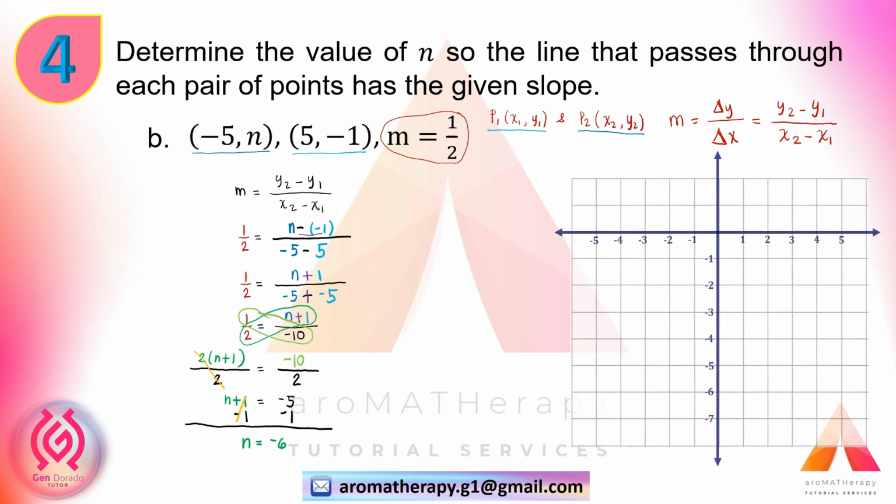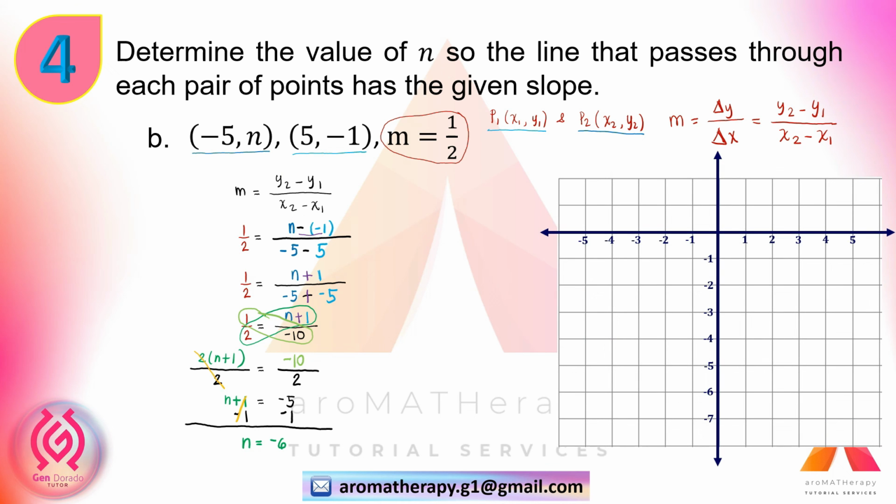Okay, let's try to graph this one. Let's first locate (5, negative 1). Here it is. And your (negative 5, negative 6). Where is (negative 5, negative 6)? It is in quadrant 3. And let's graph.